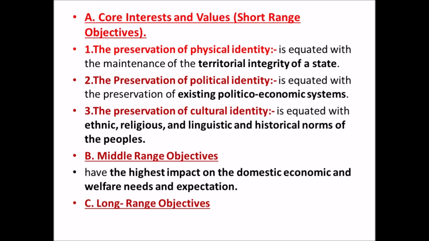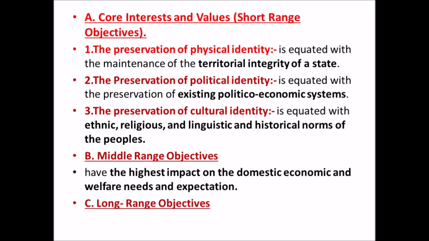And this can be related to trade, foreign aid, access to communication facilities, sources of supplies. Foreign markets are for most states necessary for increasing social welfare. So the middle range objective is generally related with improving the social welfare within the society. It can be related to the economic as well as other needs of the society.